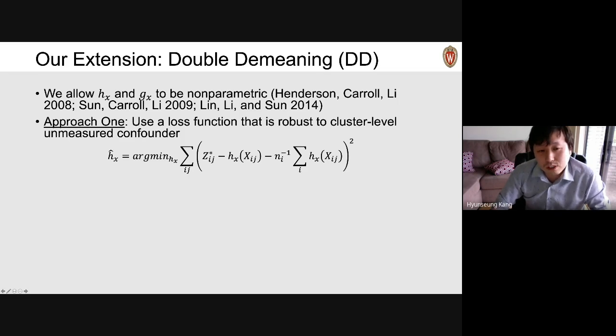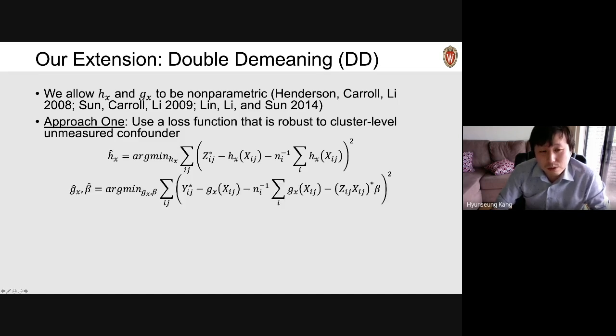We're going to estimate this H function based on this loss, and it's a special type of loss. It's an outcome minus some functional minus this centering factor, which is actually critical. And then we're also going to estimate this Gx portion as well as this beta portion jointly by solving this.